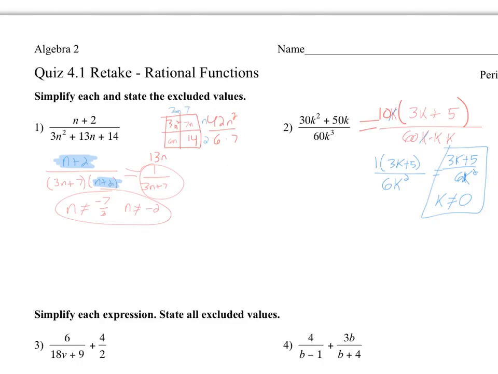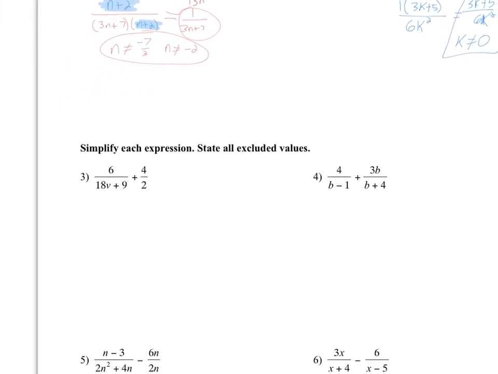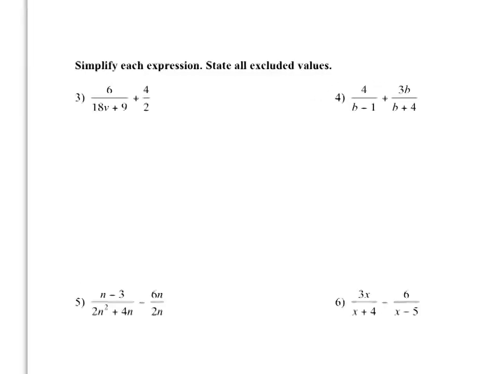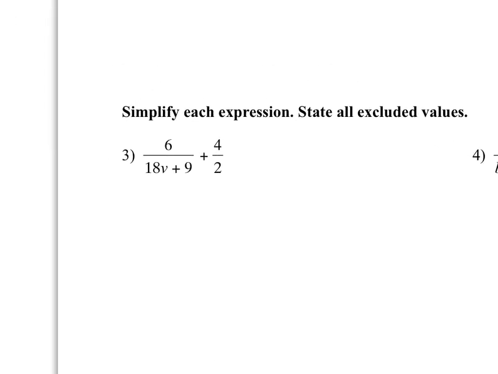All I did was factor and simplify the giant ones that I had. Going down here to the addition problems, addition is really important because with addition, the denominators of the fractions have to be the same, meaning that this 2 also has to be the same as that.